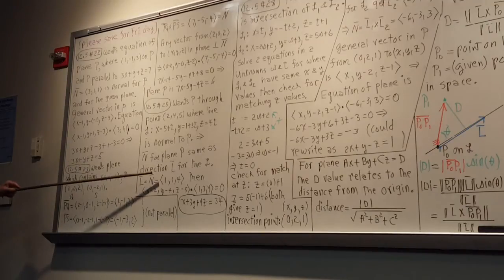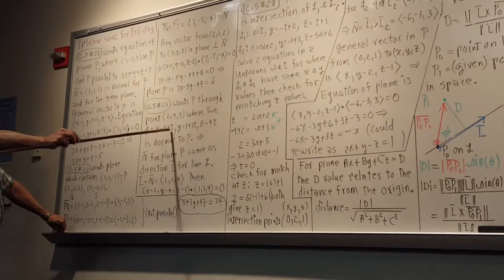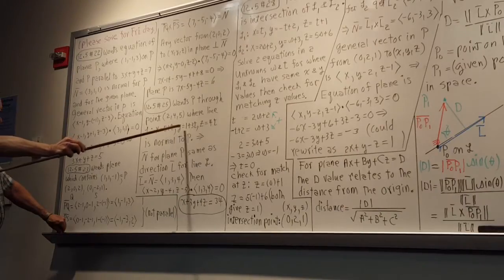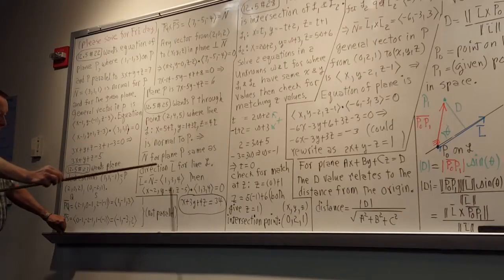So that means then, if you look at your line, your L vector, the components are made from the coefficients of t, so they're 1, 3, 4.